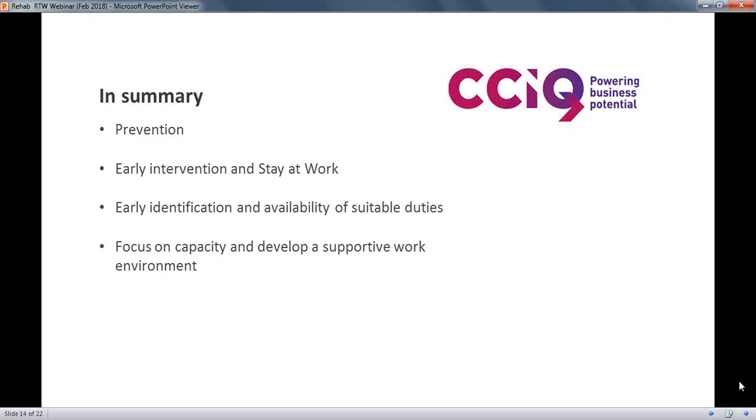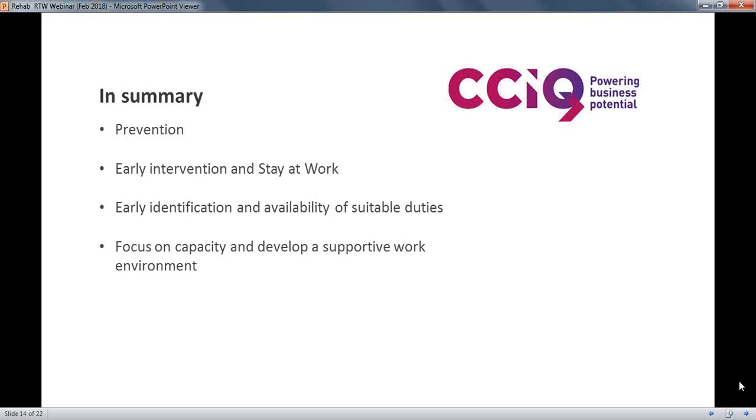I'll touch on our CCIQ bookstore near the end of the presentation, but we might be able to help you there in terms of paperwork. But also, as part of prevention, hold toolbox talks or meetings with groups of employees on a regular basis. That may be as part of policy reviews or as part of a follow-up after an incident with somebody.